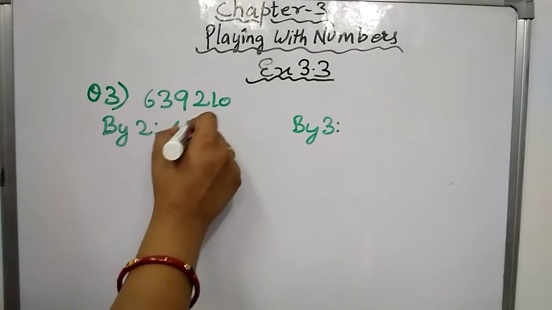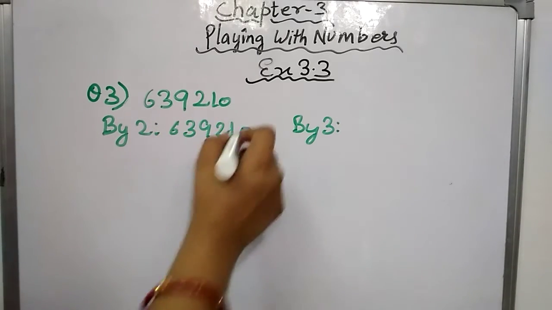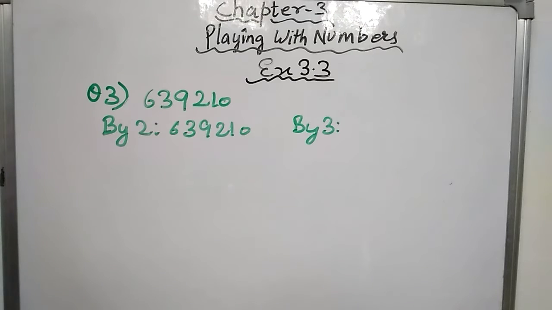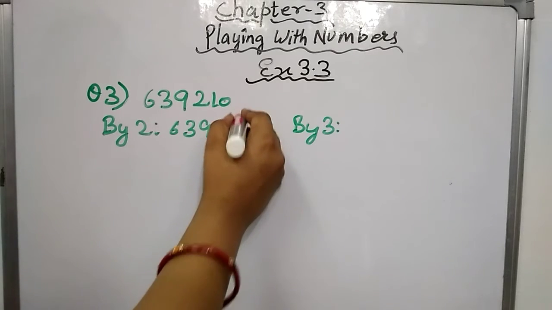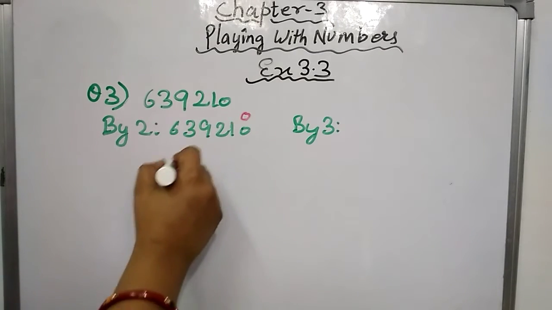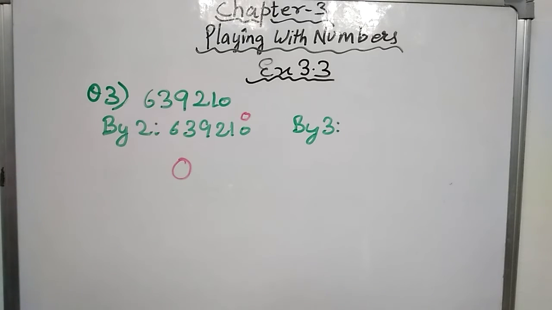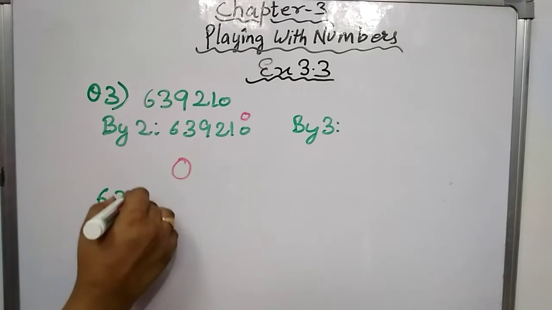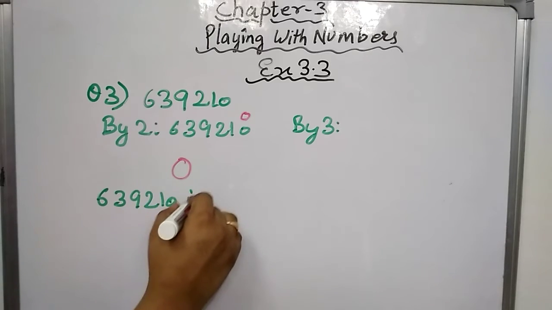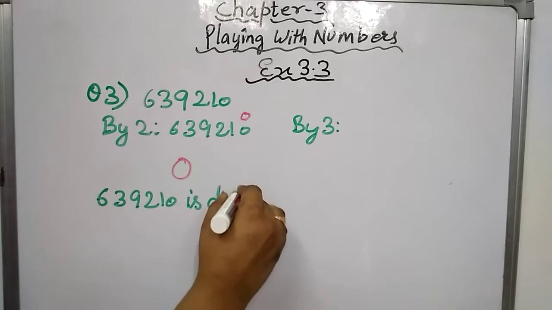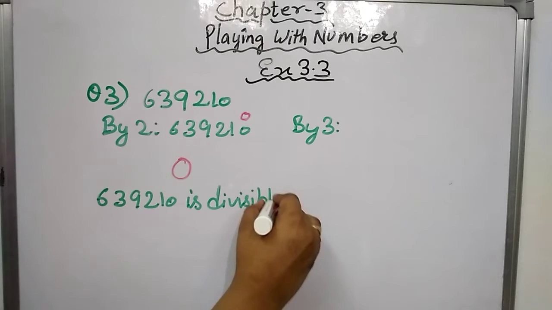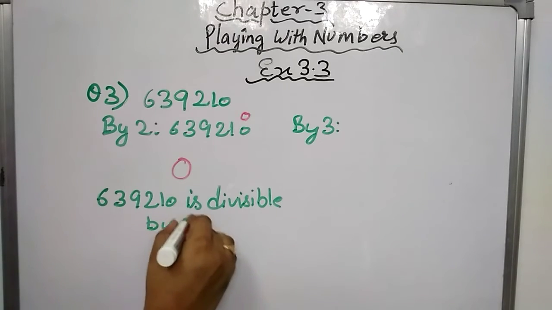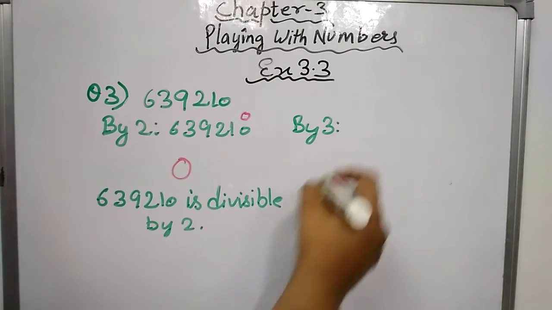In number 2, we consider digit at units place, that is 0, and 0 is divisible by 2, so this number is also divisible by 2. Let's check for number 3.